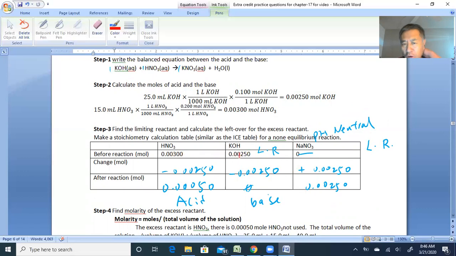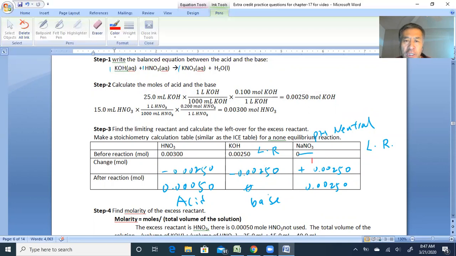So this 0.0025 moles is less than 0.00300. Therefore, the KOH is the limiting reactant, and the change will be the initial moles of the limiting reactant. So negative 0.0025 is the change for KOH. With a 1-to-1 ratio, the change for the other reactant is also negative 0.00250.